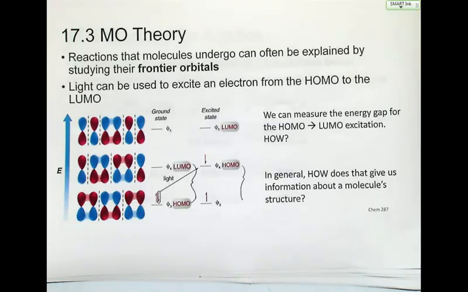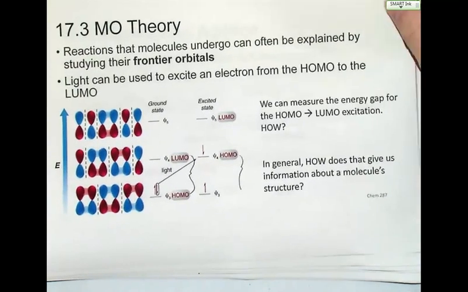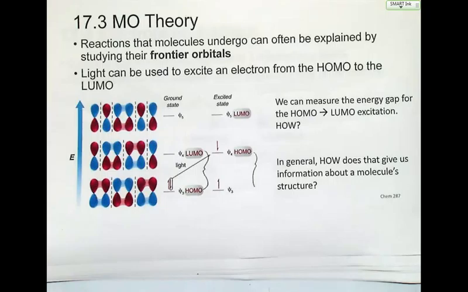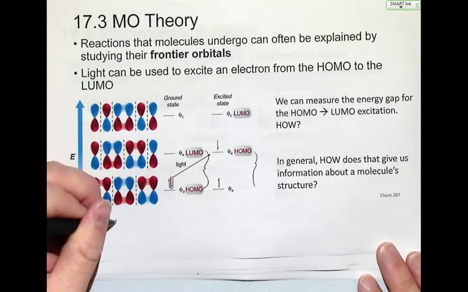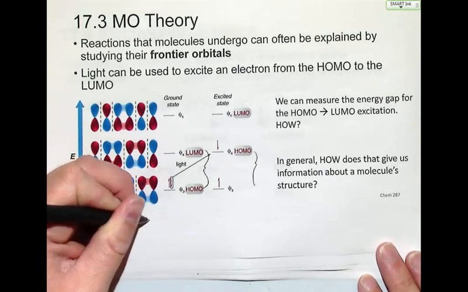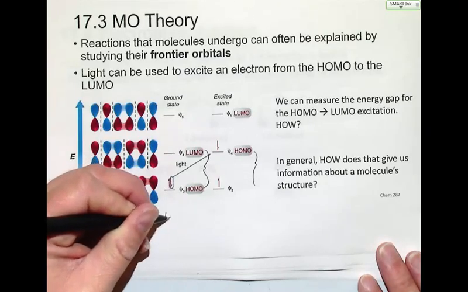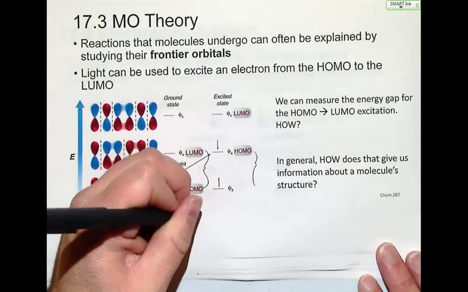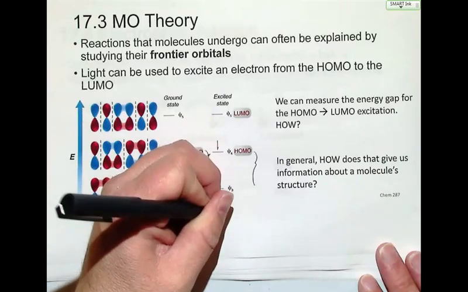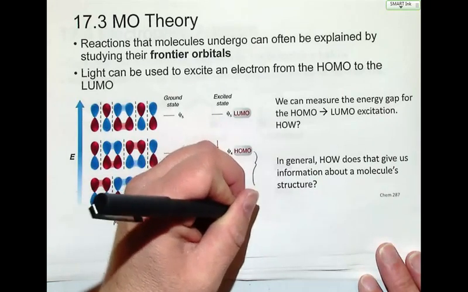Anyway, it's kind of an interesting thing. But we'll talk more about that because it is pretty interesting. I'll summarize that. More conjugation equals lower energy transitions.